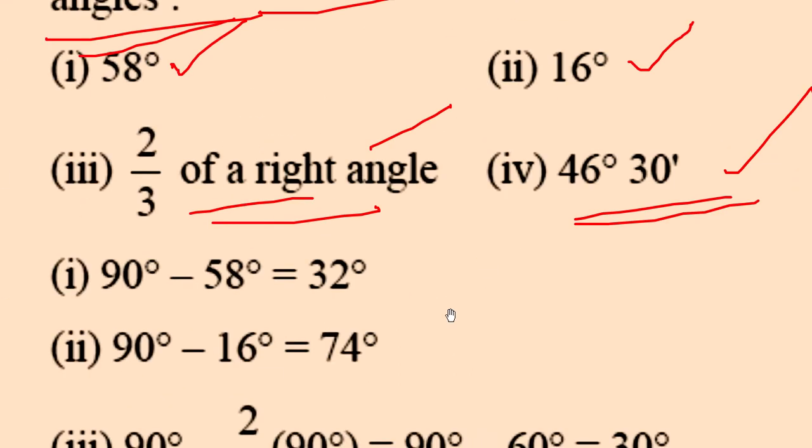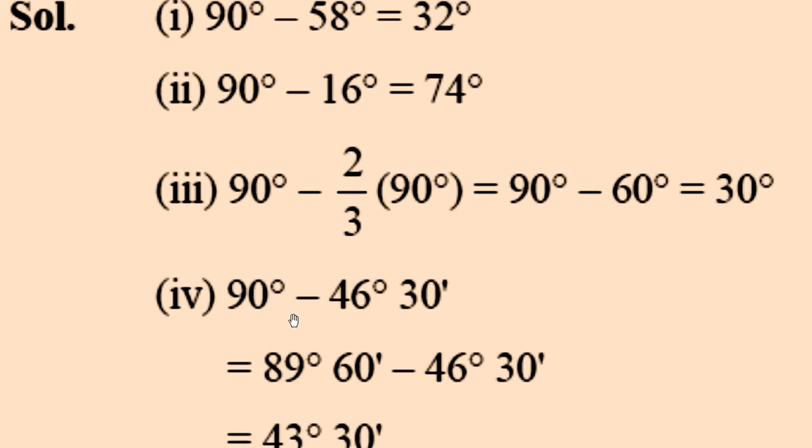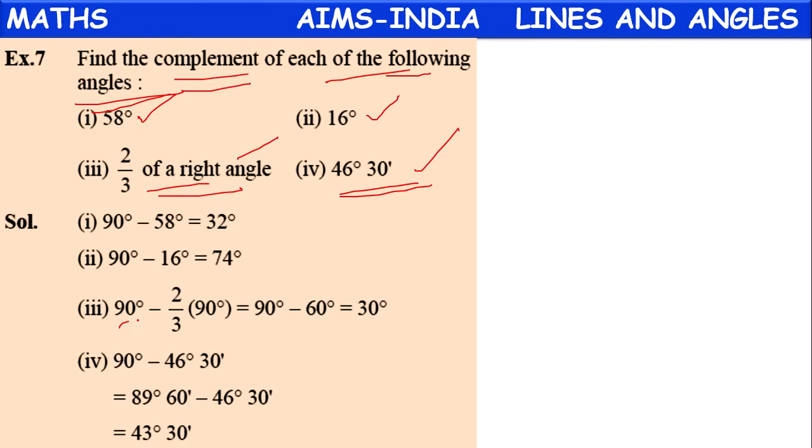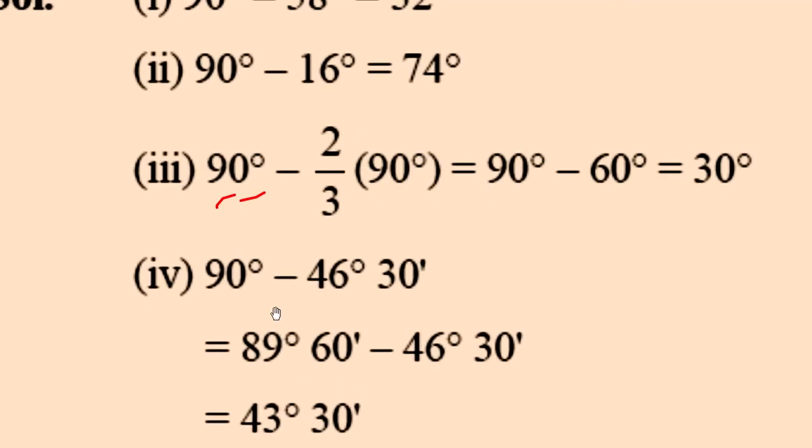So last one, 90 degrees minus 46 degrees 30 minutes. But how to write 90 degrees? We can write 90 degrees as 89 degrees plus 1 degree, and 1 degree can be written as 60 minutes.